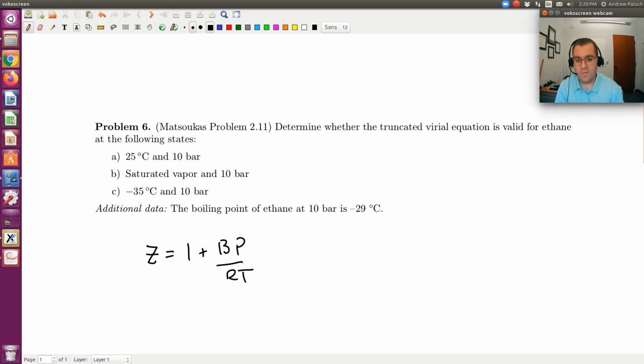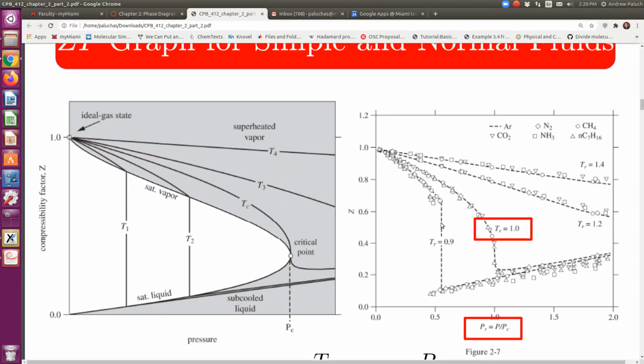For B, you'd have to look up the reduced temperature, but I know for C I'm going to be sitting somewhere like this on my phase envelope, and just based on this TR of 0.9 and TR of 1, the virial equation definitely won't be a good estimate at saturation if I'm just extrapolating from that ideal gas limit.